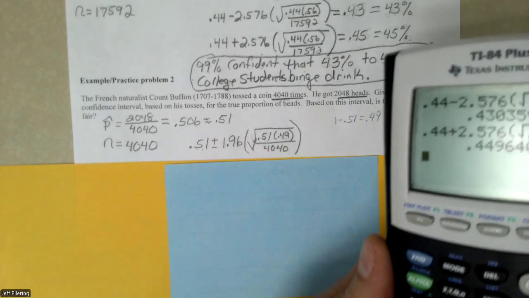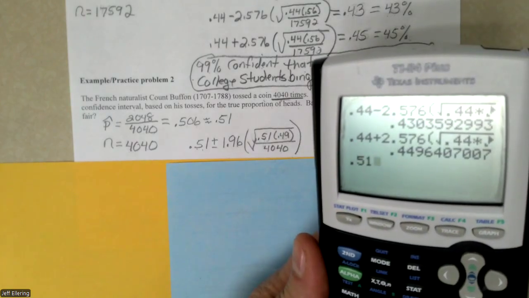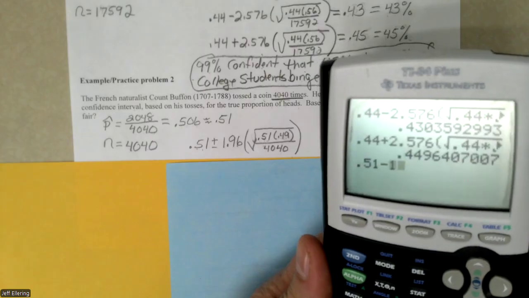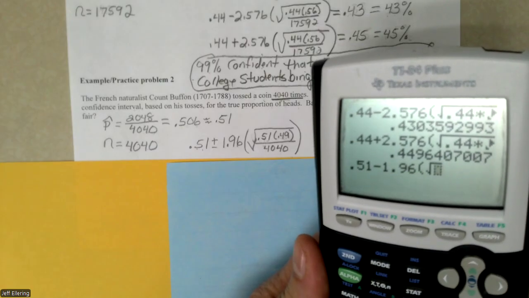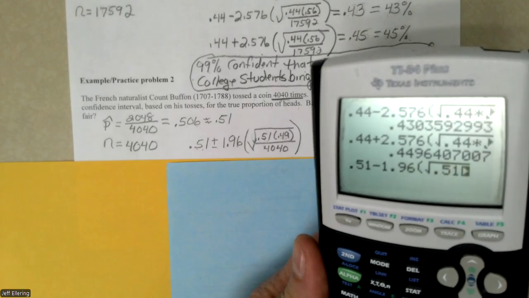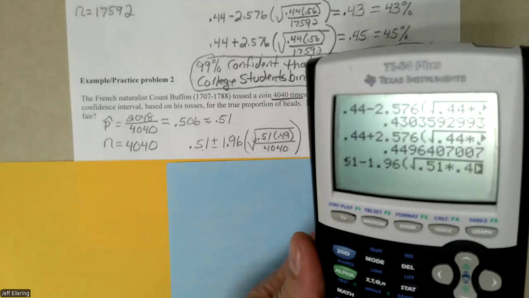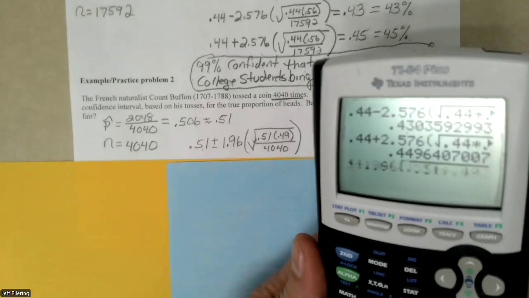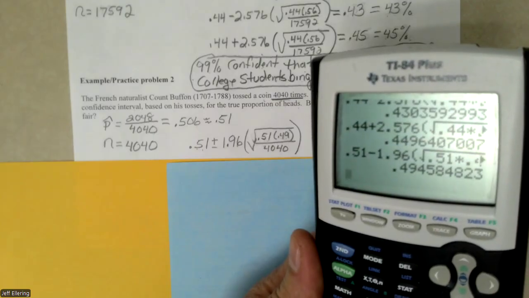One more time, I'll do this on the calculator. So now I'm going to take 0.51. I'm going to do the minus 1.96 times the square root of 0.51. Again, you don't have to use parentheses. You can go times 0.49 divided by 4,040. You do not have to close it, and you get 0.49.